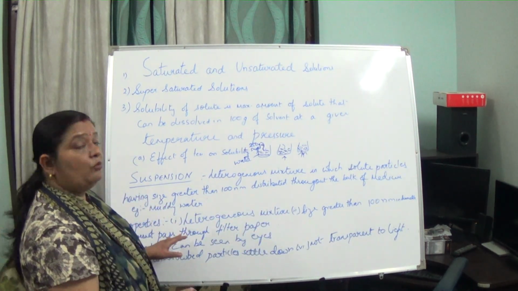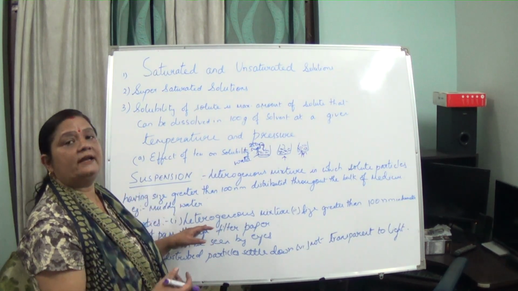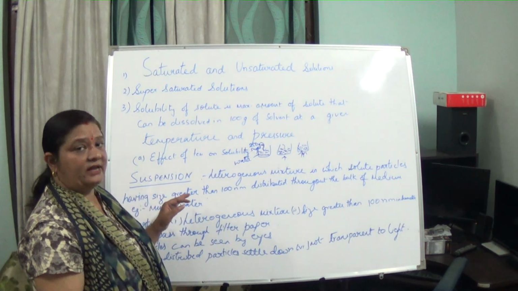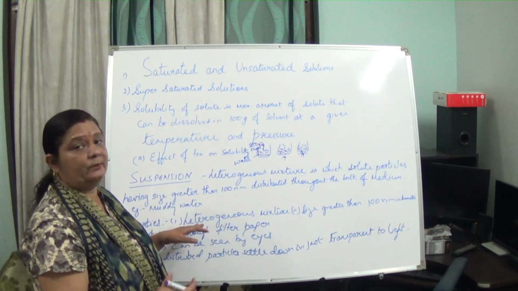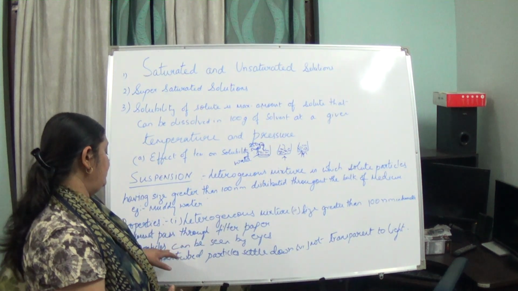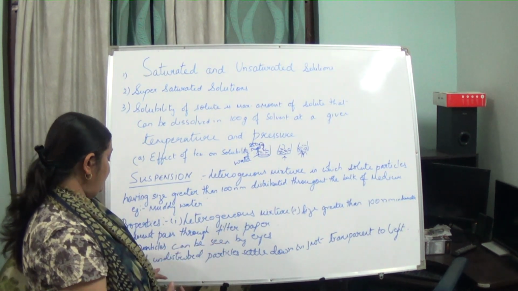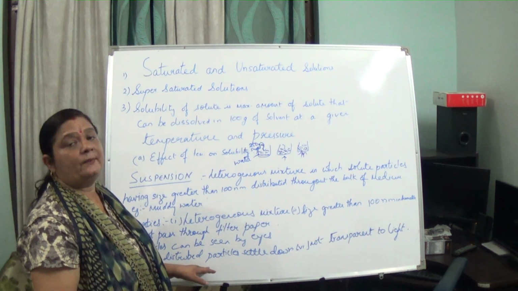If you take a suspension of sand and water and pour it on filter paper, you will get the sand as residue and water as filtrate. The particles can be seen by your eyes, as I explained earlier. If it is undisturbed, it settles down.